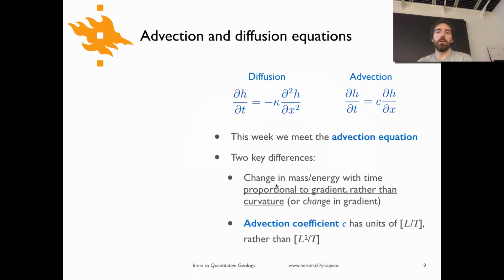So we didn't talk really about what the units were for diffusivity, but in the case of something like this hill slope diffusion problem, it would be something like meters squared per second or something similar. For advection, we'll have something that's just in meters per second. Makes sense because we only have a first derivative instead of a second derivative.